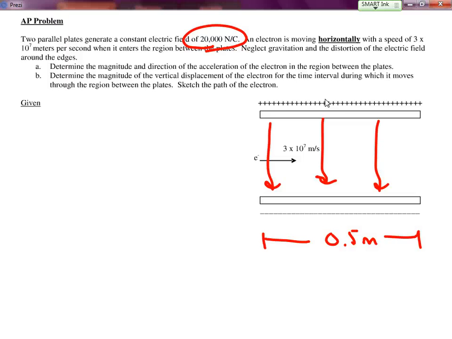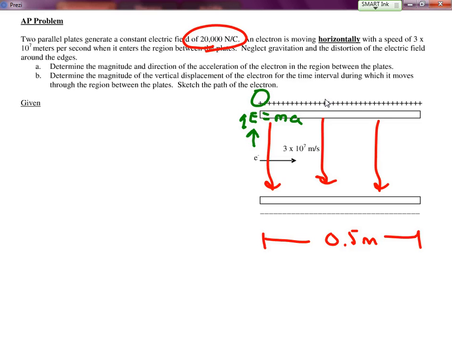So when the electron actually travels through, the question is, in which direction does it feel a force? Because the charge is positive up there, it's going to feel a force upwards of QE. And the QE, we can always set equal to mass times acceleration.